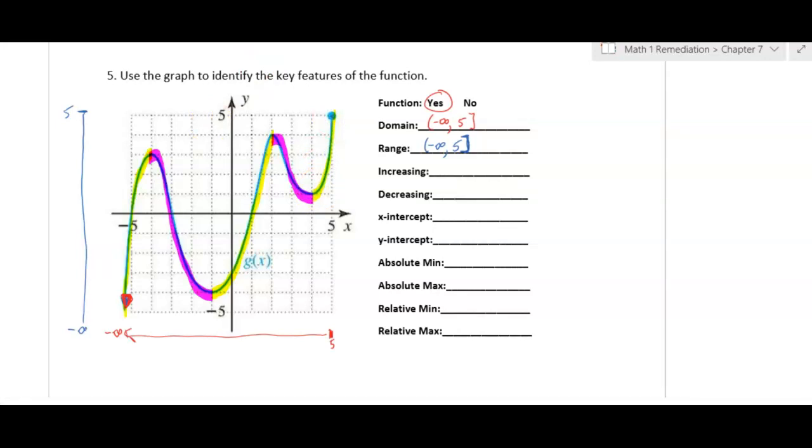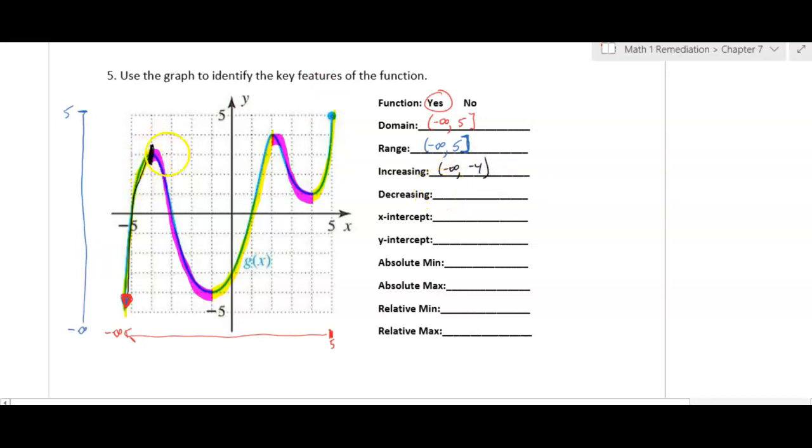Now, over what x values is it increasing, and over what x values is it decreasing? It starts increasing at negative infinity and continues to increase all the way to this turning point, which is negative 4.